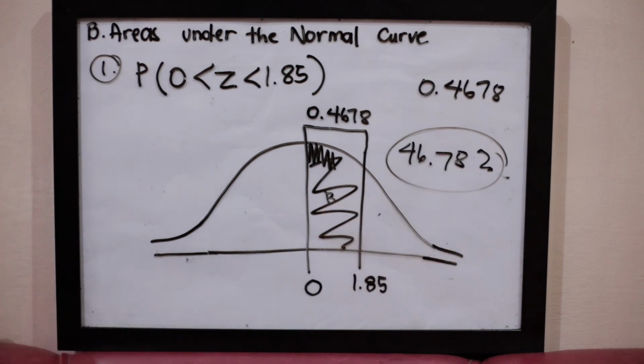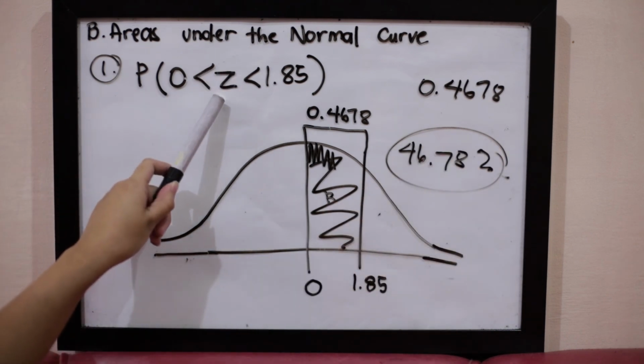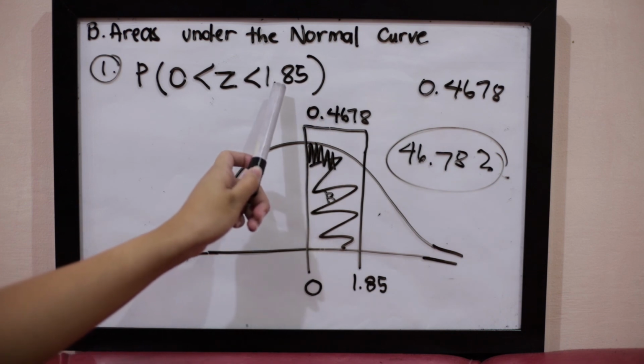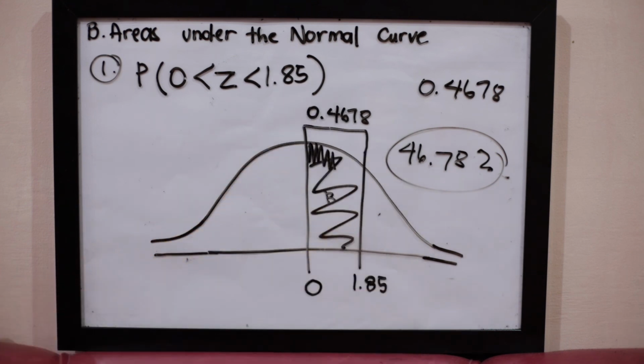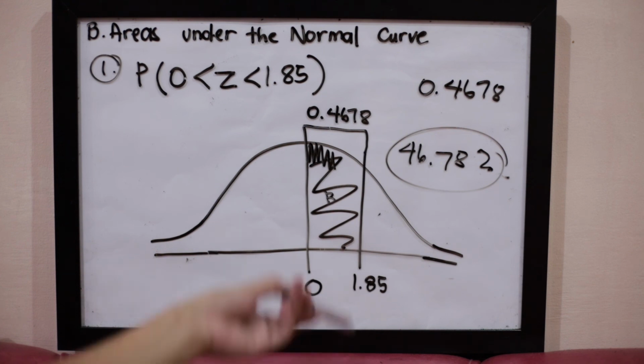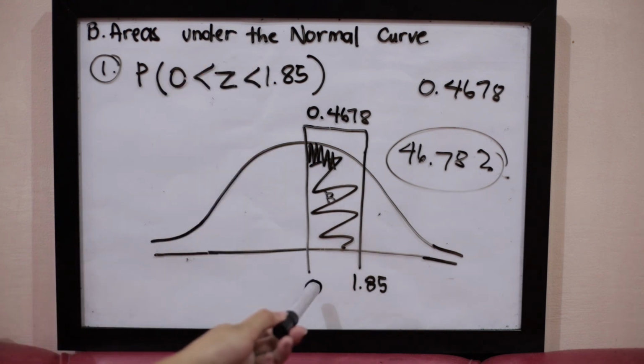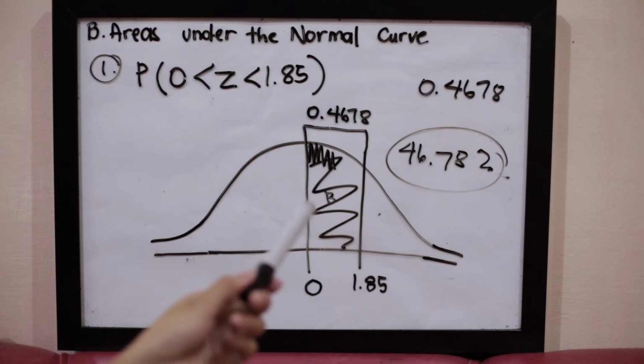The probability of getting a Z-score which is greater than 0 but less than 1.85 is 46.78% or 0.4678. I will show you another set of examples wherein the shaded region is not the region that is reflected on the table.